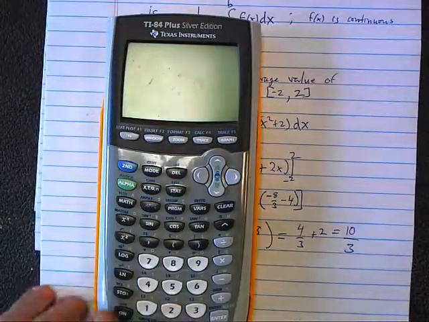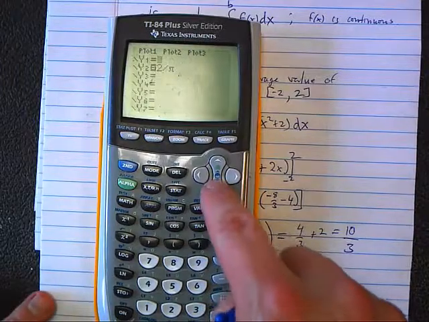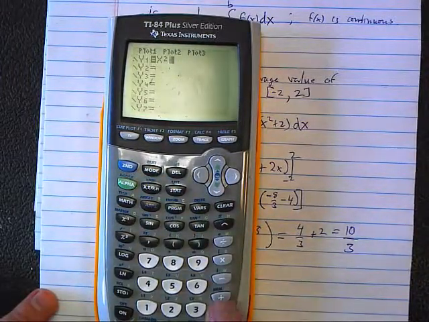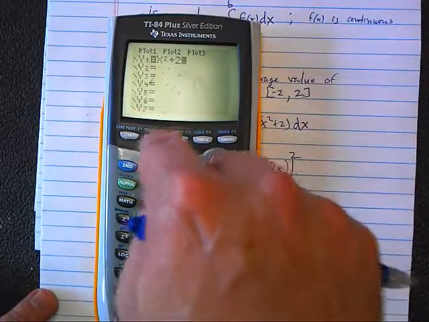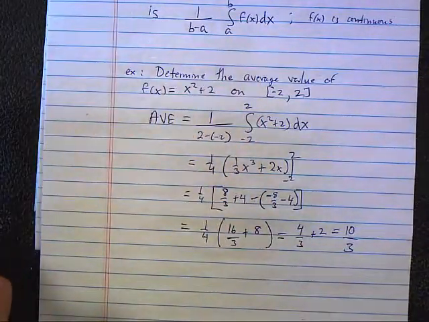All right, so what's that saying? Y equals x squared plus 2, and we want to go from negative 2 to 2.